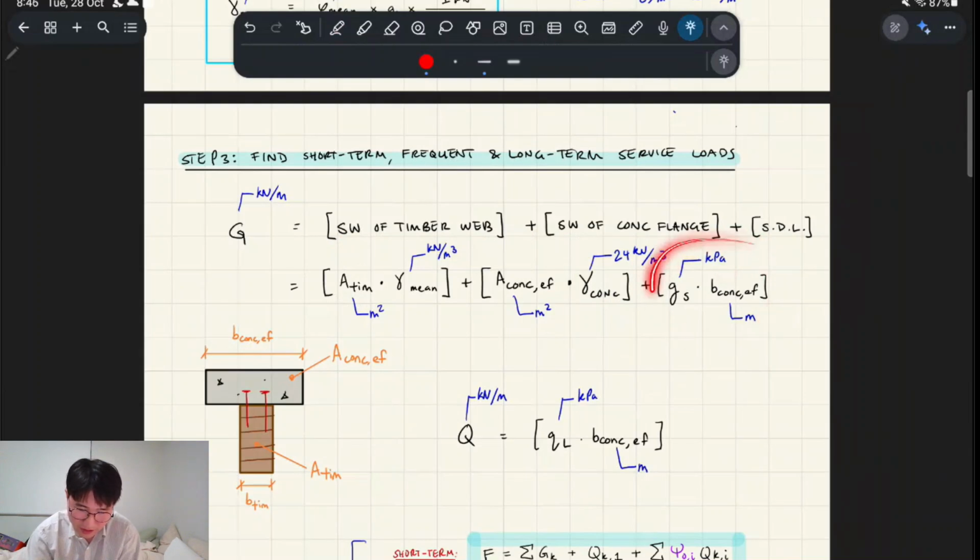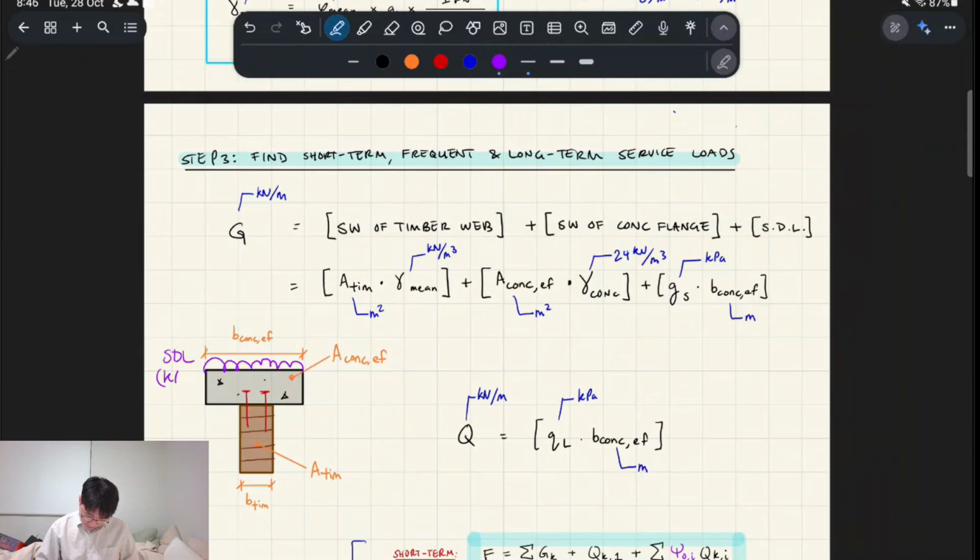If the question gives you a superimposed dead load, multiply it by your flange width, because your SDL is applied over there, and you get your SDL in kilonewtons per meter. So you multiply by your effective flange width.